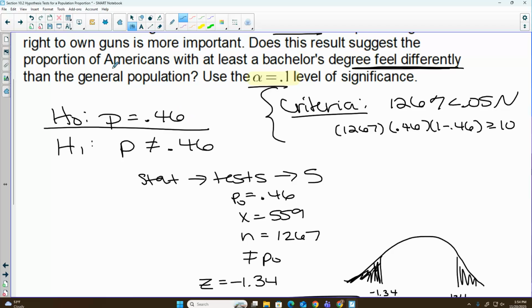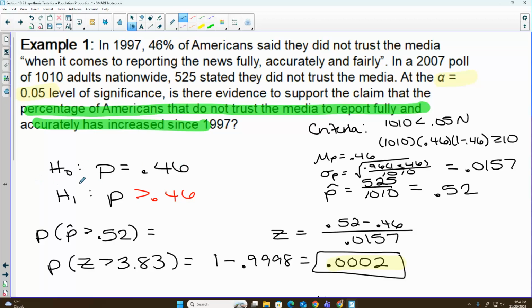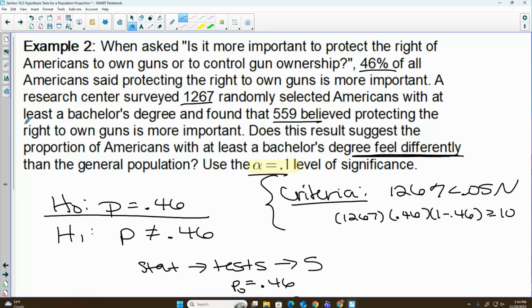So on the last one, we rejected the null, which means we said there's enough evidence to say it's greater. All right. Other questions? It's not that the math is complicated here, it just gets confusing to think about on these. So we're definitely going to practice this quite a bit.